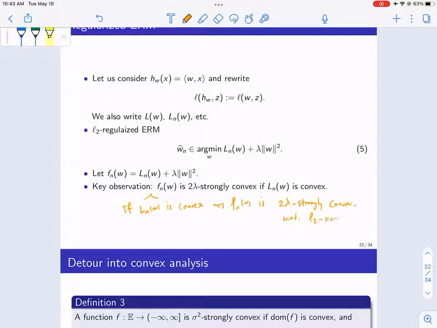Usually when the norm is not specified, it is with respect to the L2 norm. So let me ask you, do you know about strongly convex functions? What is a strongly convex function?